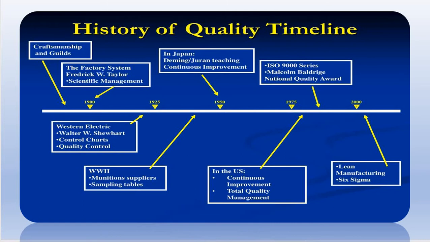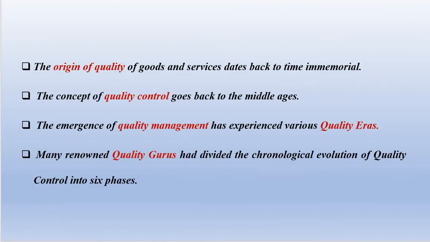This figure presents a timeline, represented by this straight line, of some of the important milestones in the evolutionary process of improvement of quality, which will be discussed in today's presentation one by one.